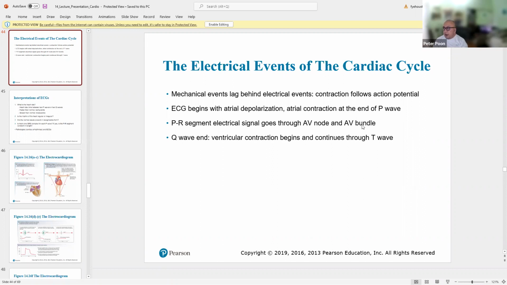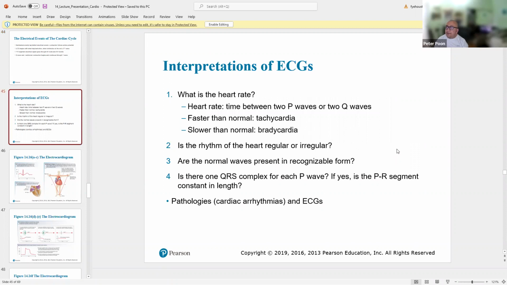The PR segment is where the signal goes through the AV node and AV bundle, and therefore you start the ventricular contraction. Make sure you know what's happening. We'll play this video a little bit, so you should be able to understand that. You should be able to read these.